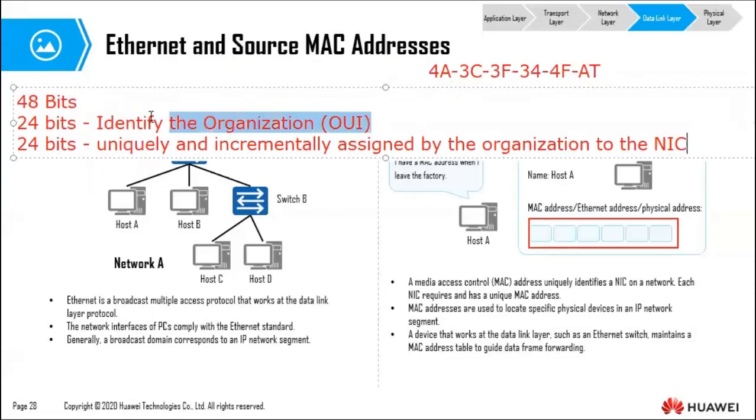So anytime we have a unique identifier for the organization, it means that that is an internet numbering resource which they might need to purchase for them to use it.